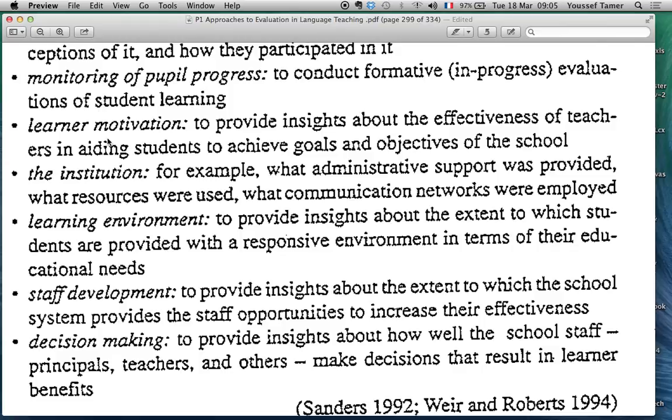And of course, the most important element in there is the teacher's style in teaching, the teacher's personality. So that's why with learner motivation, we have to see if they were motivated, in order to see if things work appropriately concerning all that. So to provide insight about the effectiveness of teachers, you go into learner motivation in order to see the teachers, okay.